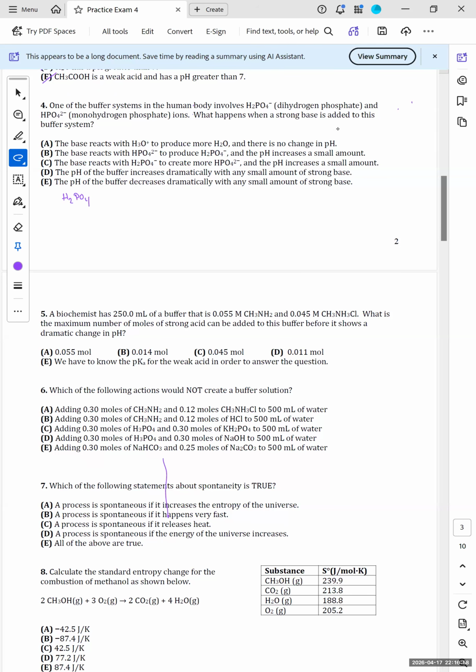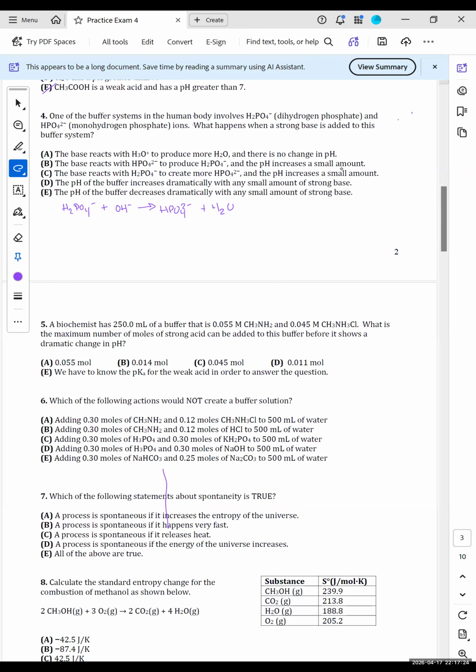So this would look something like H2PO4 minus is the acid, right? Plus that water. So that added OH is reacting with this.